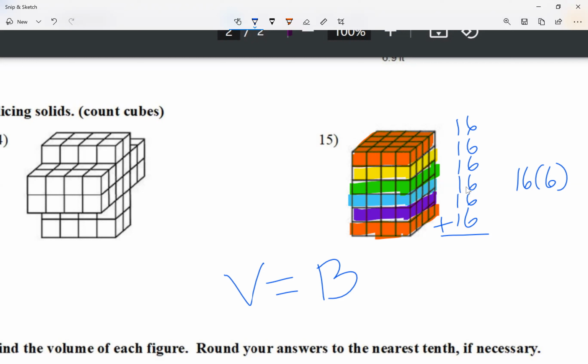We're going to do the area of the base, and then we multiply this by the height. You see how the height, it's 6. So in reality, we just went area of the base times the height. So that's the formula we are going to be using for our work today.